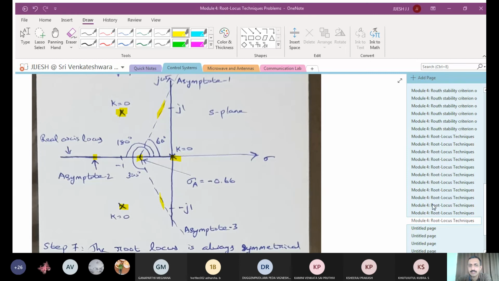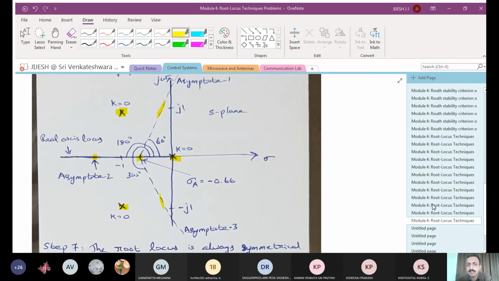You can make a note of this step 9, still not completed. You find the angle of departure by considering s is equal to minus 1 plus j1. Why are you finding the angle of departure?